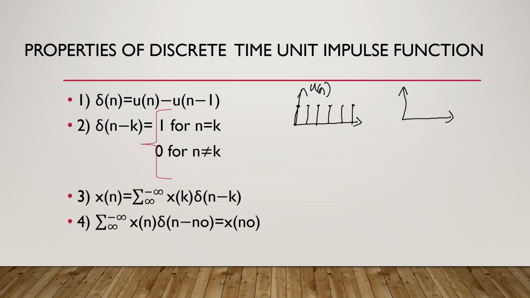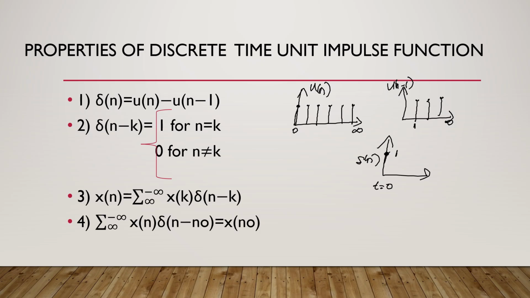Now u of n minus 1 means u of n delayed by one, that is, the value is 1 from 1 to infinity, whereas u of n is 1 from 0 to infinity. Subtracting these two, we get delta of n. Delta of n is equal to 1 for n equal to 0.